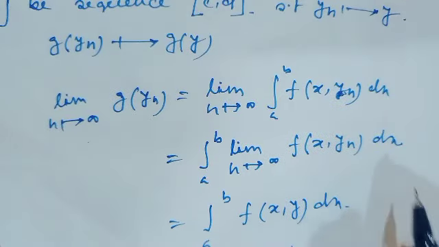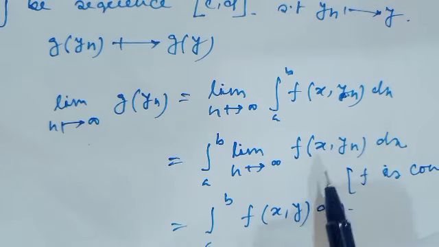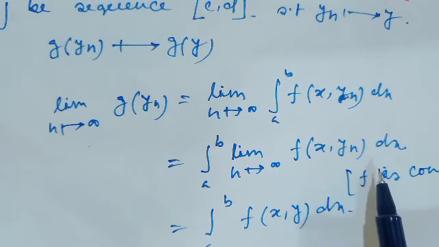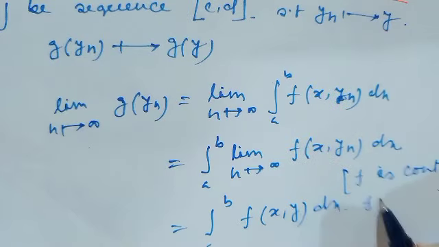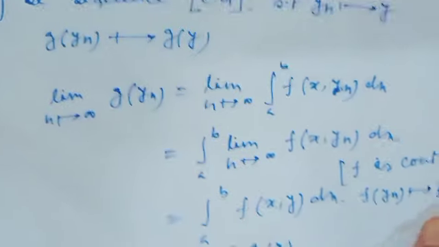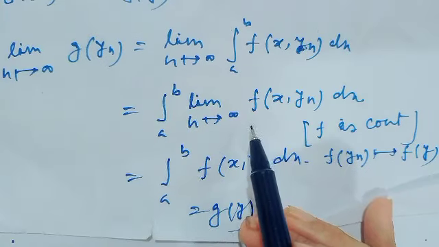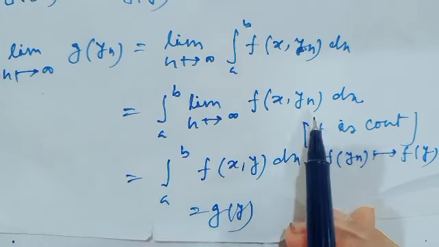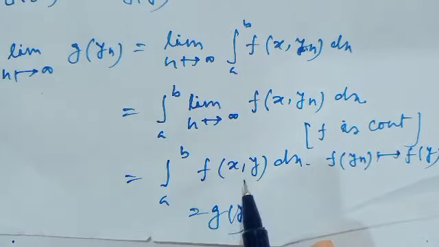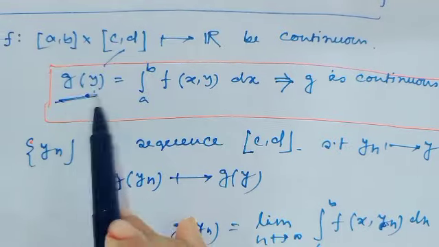Since given f is continuous, therefore limit as n goes to infinity of f(x, y_n) would be f(x, y). By the sequential criterion we can tell, therefore this limit as n goes to infinity of f(x, y_n) tends to f(x, y) dx, and the integral of f(x, y) dx is equal to g of y.